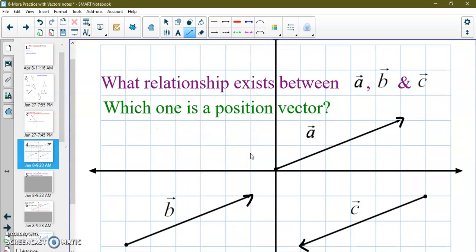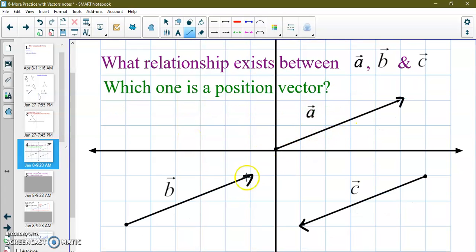So here we've got three vectors, a, b, and c. We want to look at what's the relationship between those three, and then which one is a position vector. So it looks like a, b, and c are all the same magnitude, the same length. And since we've got a grid here, we can just count our slope, rise over run.